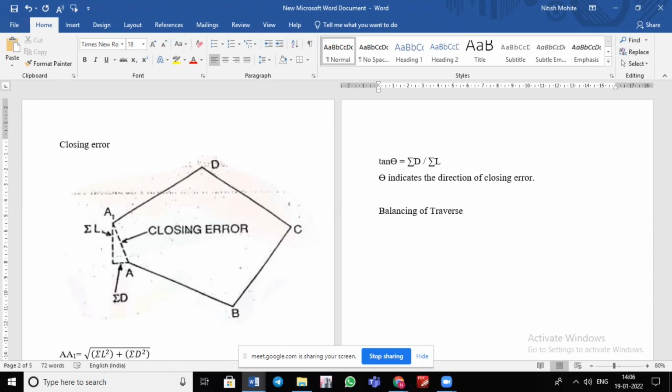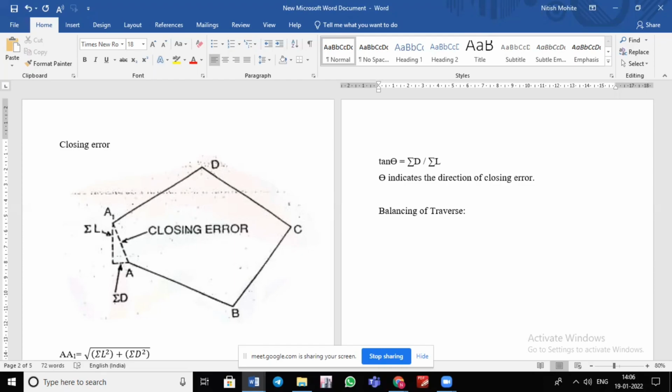We have seen that in order to do the balancing of a traverse, in the case of a closed traverse, one rule we have seen is that summation of northing should be equal to summation of southing, and summation of easting should be equal to summation of westing.